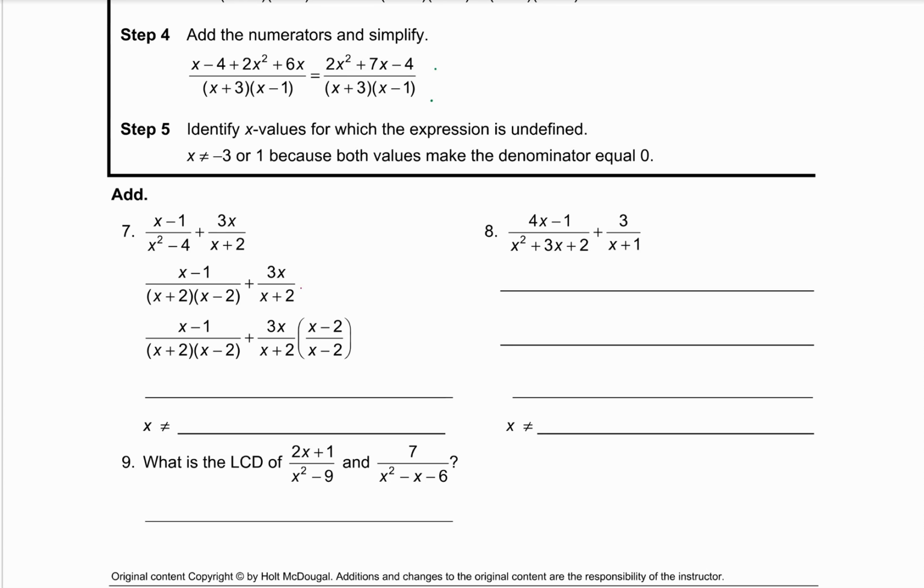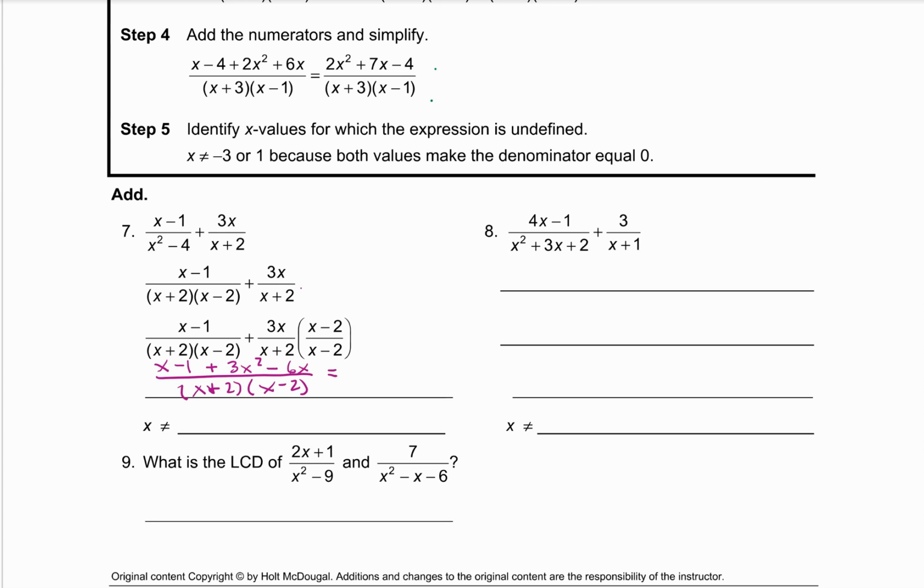So what I'm going to get is this, x minus 1 plus distribute 3x squared minus 6x, and it's all going to be over x plus 2 times x minus 2.